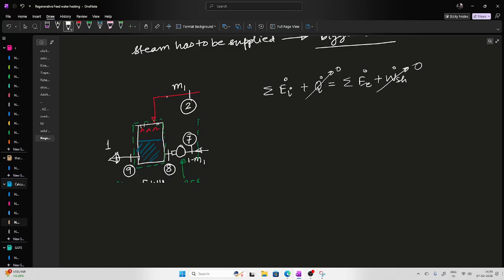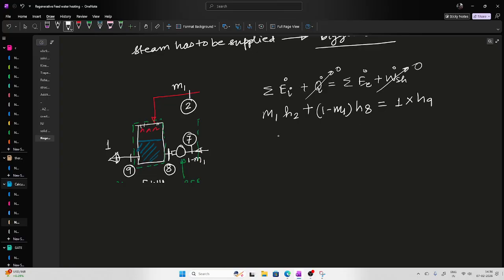So what is coming? Steam is coming with a mass flow rate m1 and the state is h2. So it is m1 h2, plus water is coming at point 8 with a mass flow rate of 1 minus m1, so (1 minus m1) h8, and what is leaving is 1 kilogram, so it is h9.